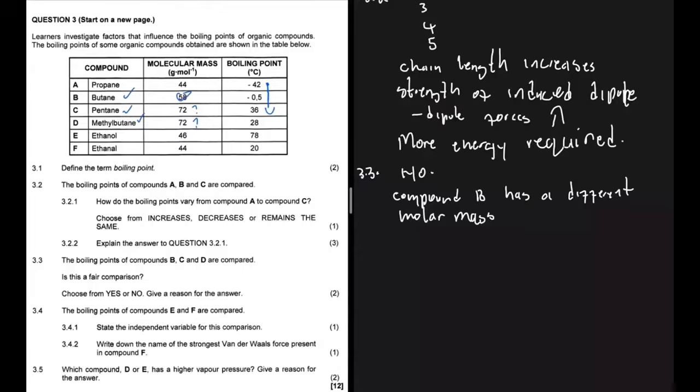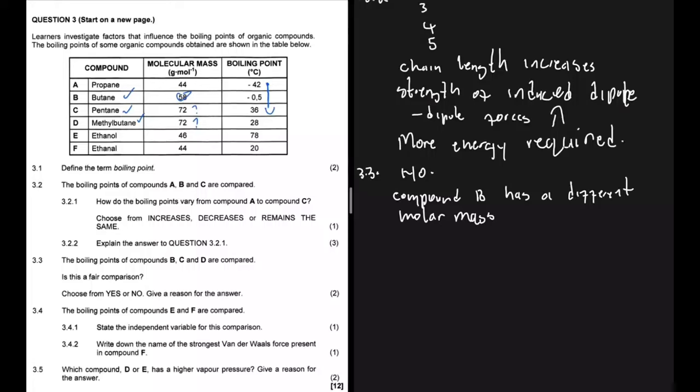We're not supposed to change the control, which we need the molecular mass to be. So if we were comparing only C and D, then that would be fine because they have the same molecular mass. Or if we were comparing A and F, but then as for B, it has a different molar mass, so it's not a fair comparison.